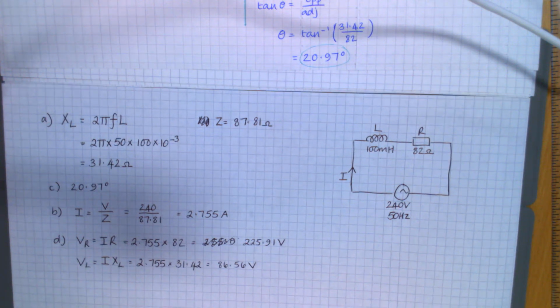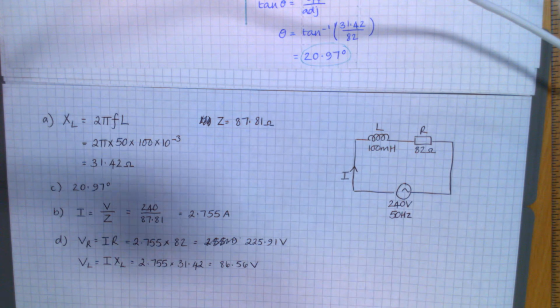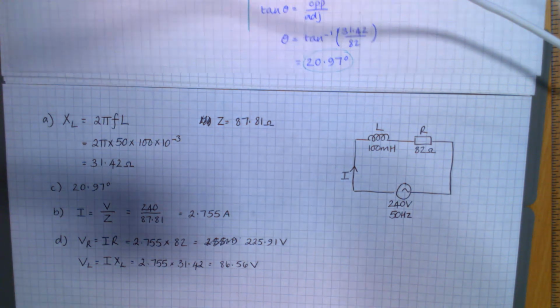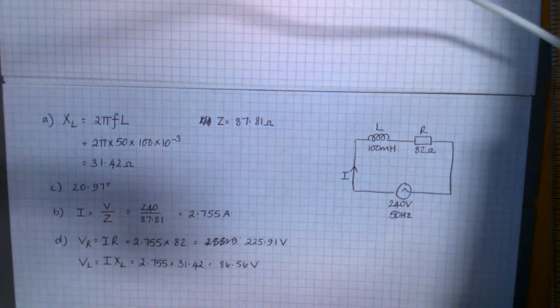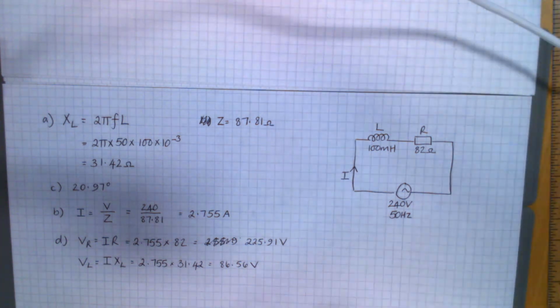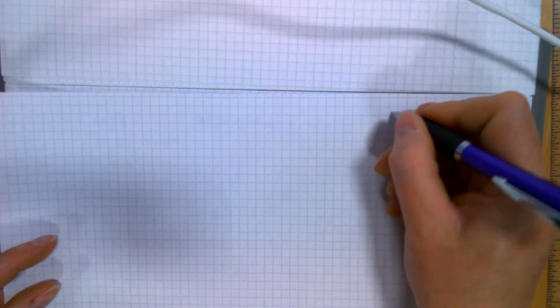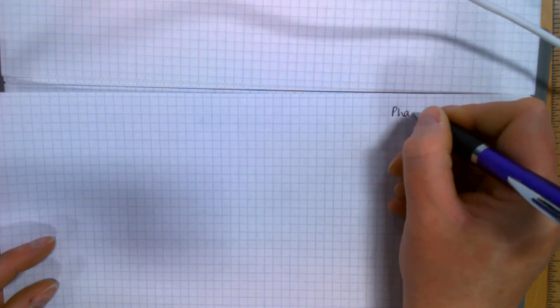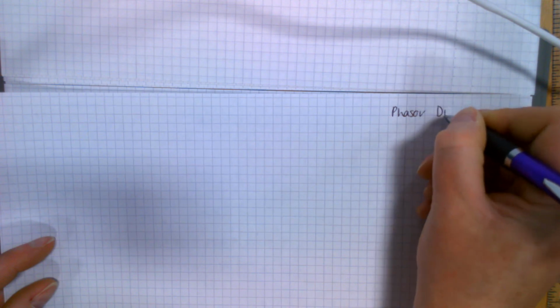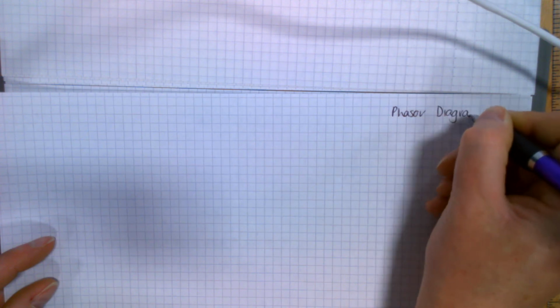Now from this point, I would go and do my phasor diagram. I've got my impedance phasor diagram, but now I'd want to do my phasor diagram, which has all your voltages and all your currents in it. So this one will be for my phasor diagram.